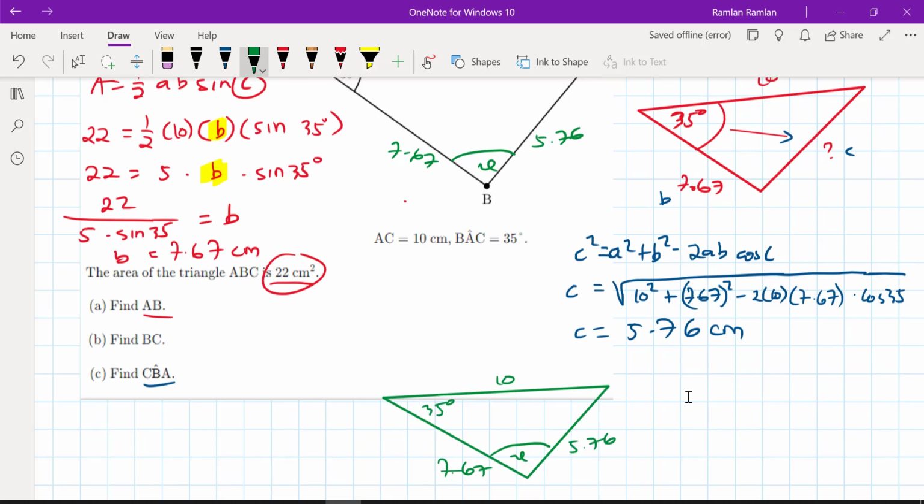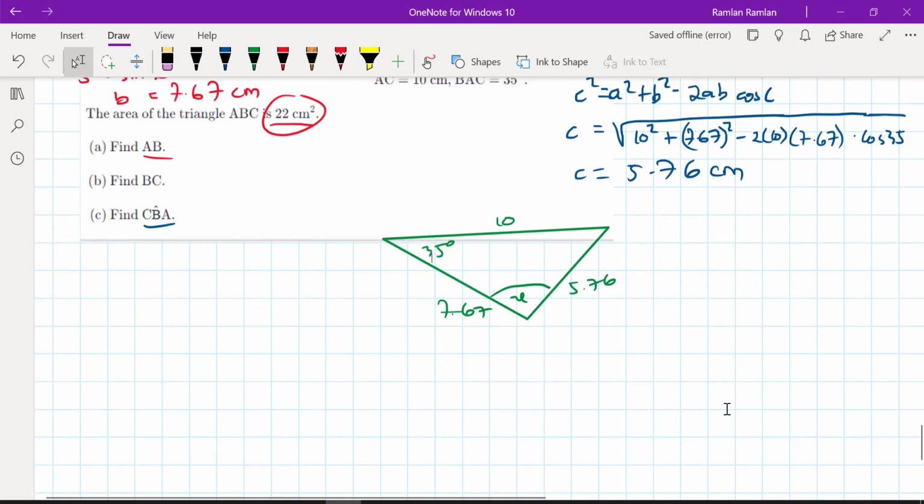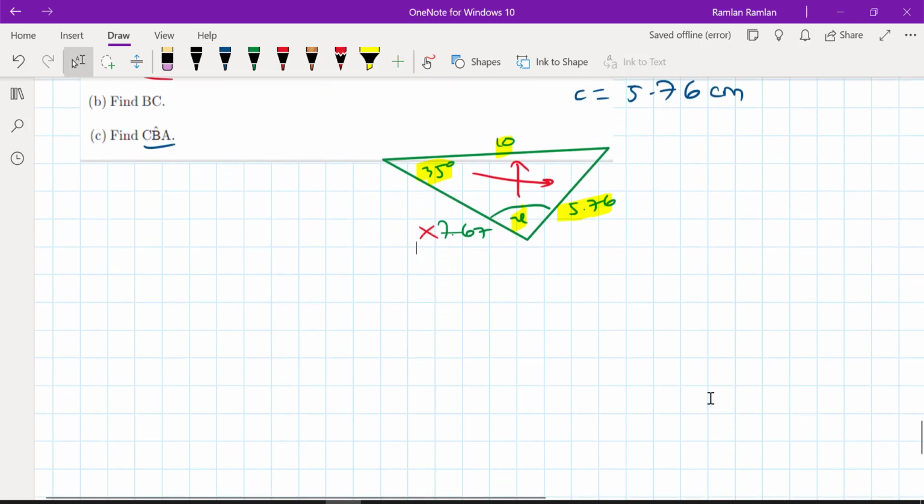Since we want to know the value of X, we only need to use this side and this angle, because that's opposite to that, and then this side and this one, because that's opposite to that. So we don't need this one over here. You can name these with any letter you want.